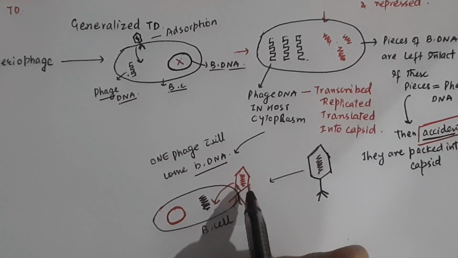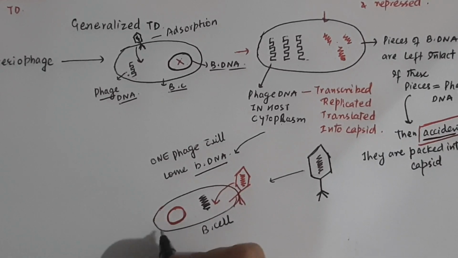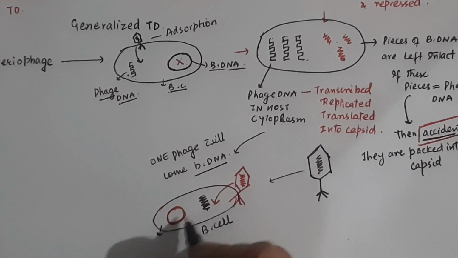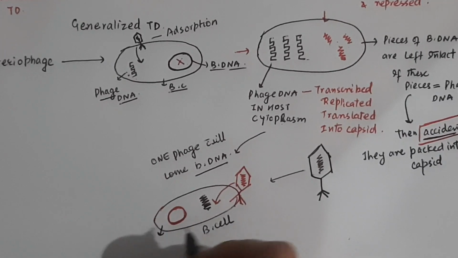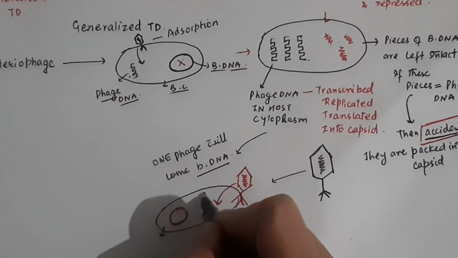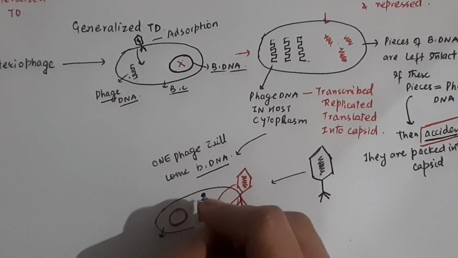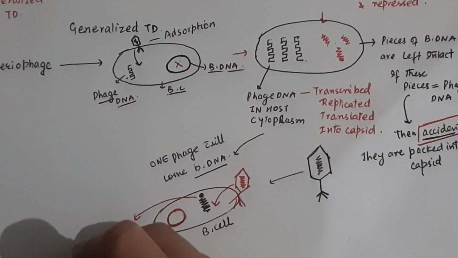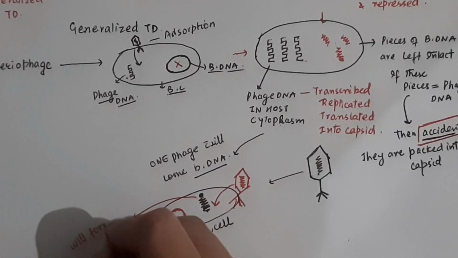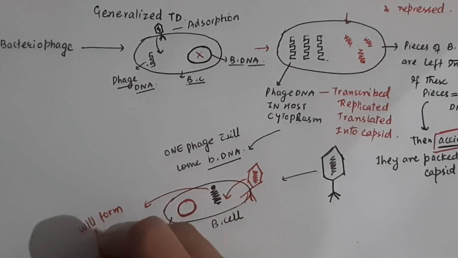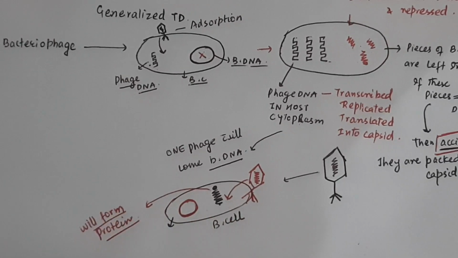And if there is some homology between this bacterium and the recipient bacterium, then a gene on that bacterial DNA will form a protein that the recipient did not have.